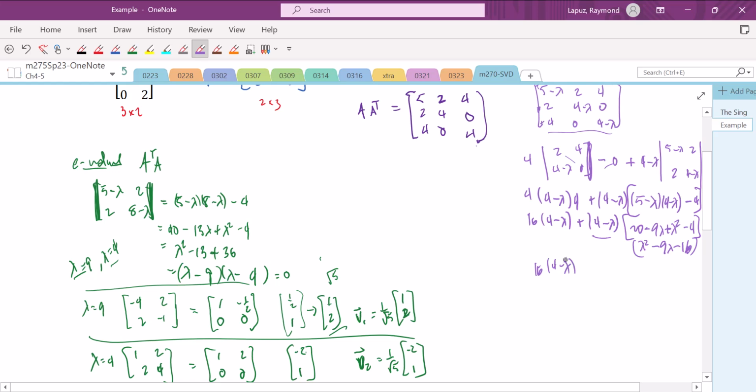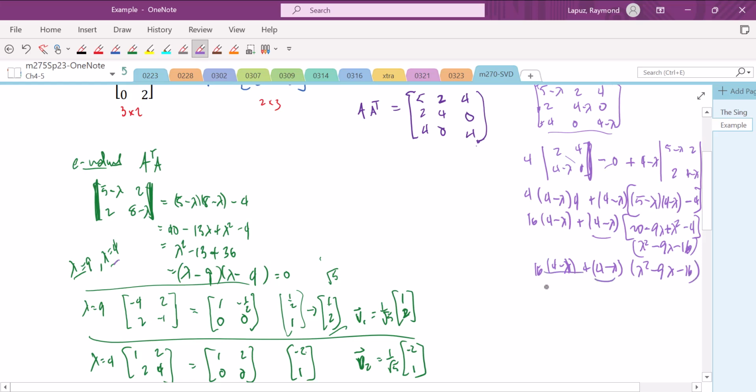I'm not going to multiply it out because I'm anticipating lambda minus 4, or 4 minus lambda, to be a factor. And yeah, so why don't we just factor that out? 4 minus lambda, lambda squared minus 9 lambda minus 16.